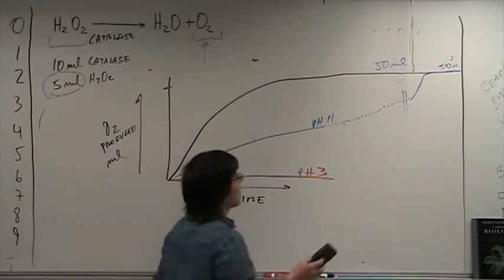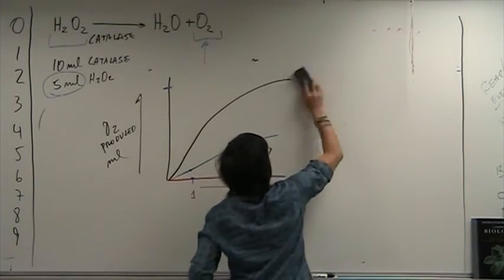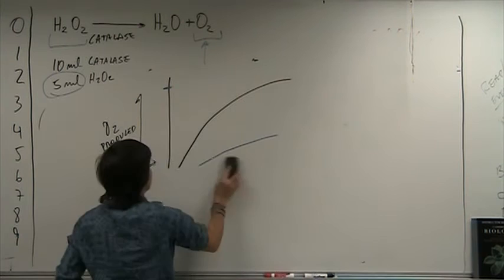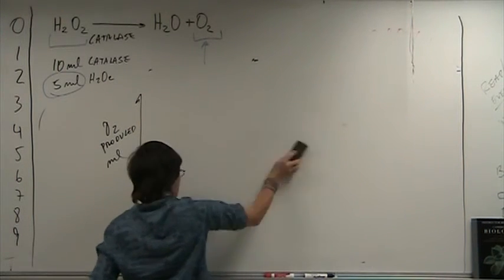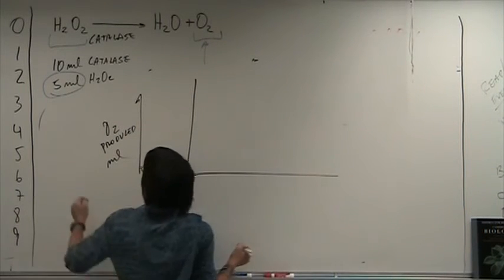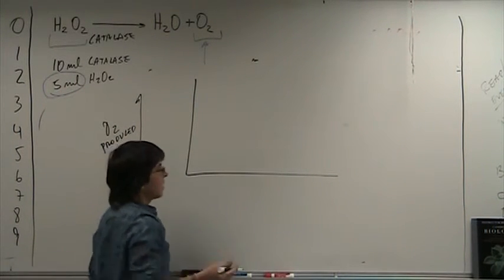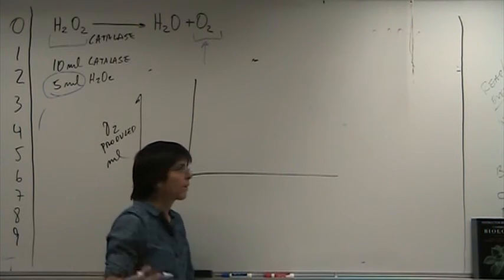The last activity that we had was calculate enzyme concentration. And for enzyme concentration, we did the same thing, 5 mLs of hydrogen peroxide, and we tried 3 different amounts of catalase.